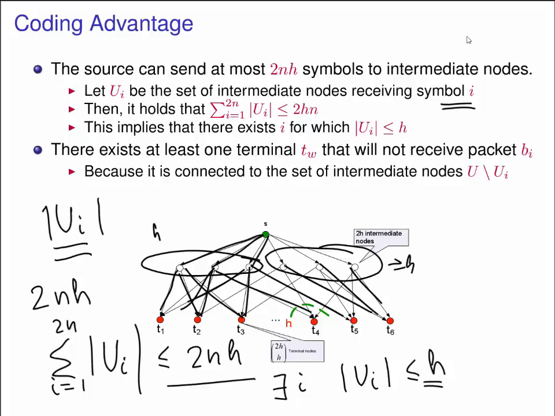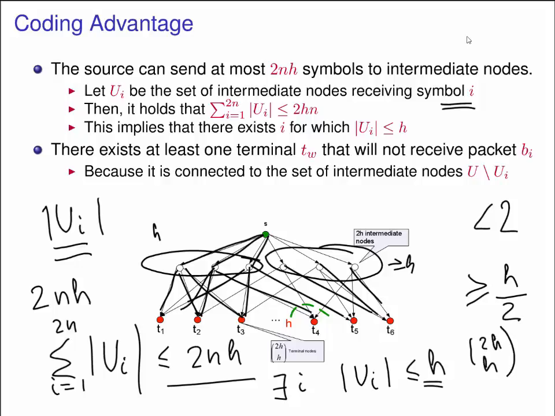Therefore, the rate is bounded by 2, and the coding advantage is greater than or equal to h over 2. Now, the number of terminals is exponential in h, since we said the number of terminals is 2h choose h, which is roughly exponential in h.